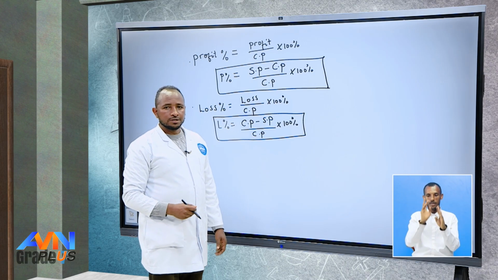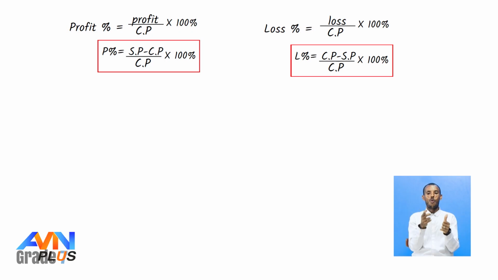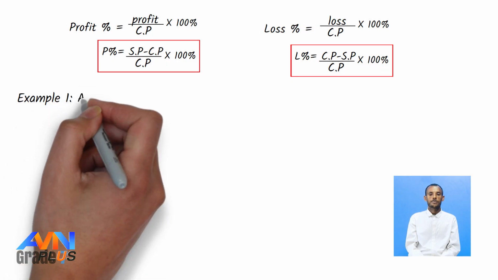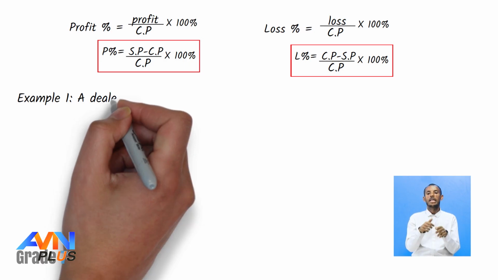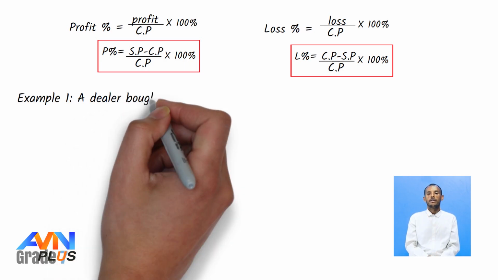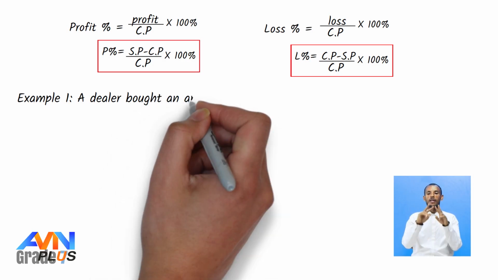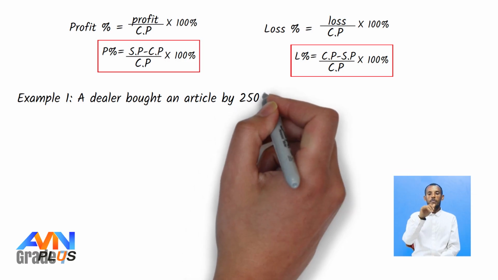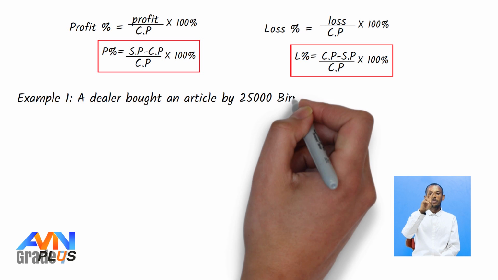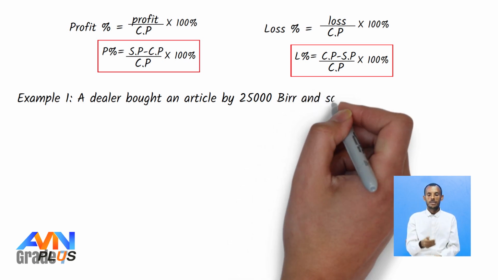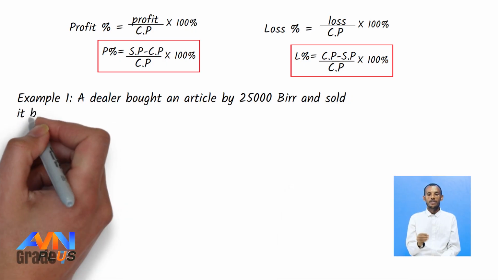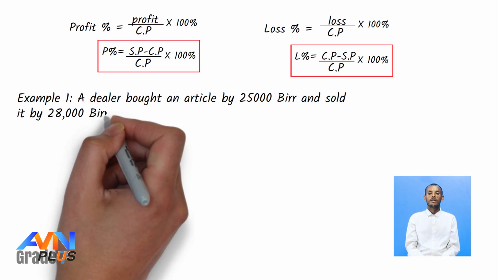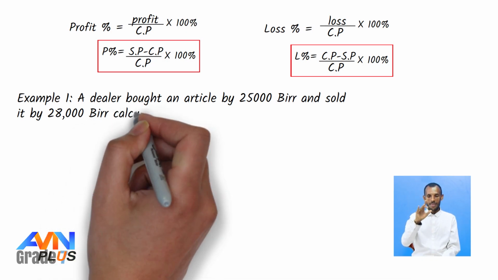Now let's proceed to the first example. Example 1: a dealer bought an article by 25,000 birr, and sold it by 28,000 birr.